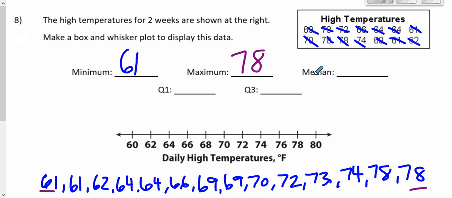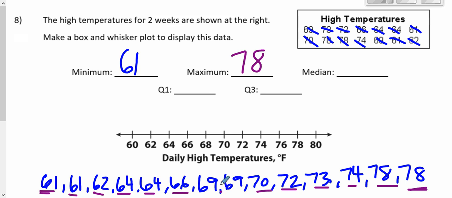And then now median, we know median is in the middle. So we're going to mark off one low, one high. Well, we've already got one low, one high. So we're going to continue doing that. And I'm just underlining them because it's easier to see my numbers still, because I'm still going to need them after this. One low, one high.